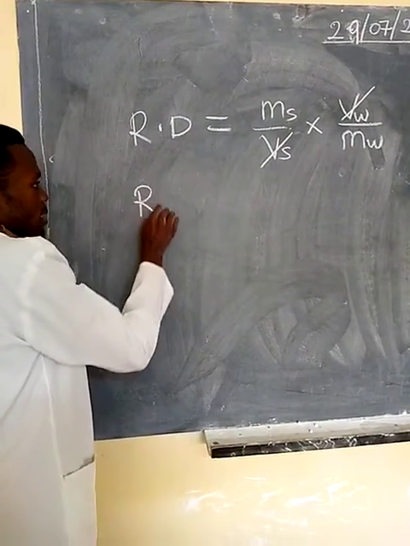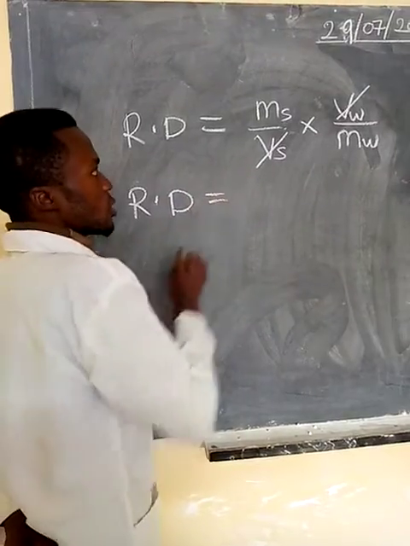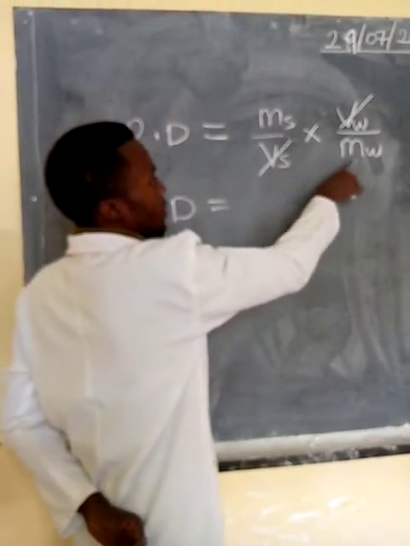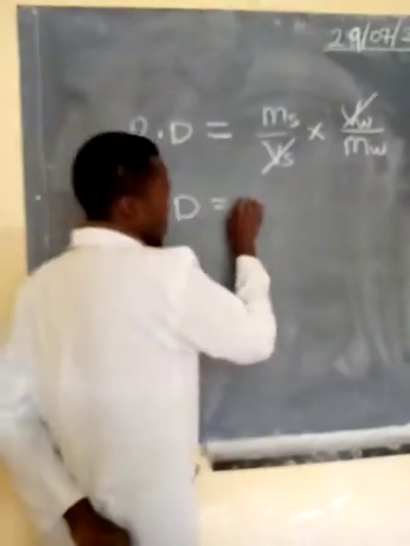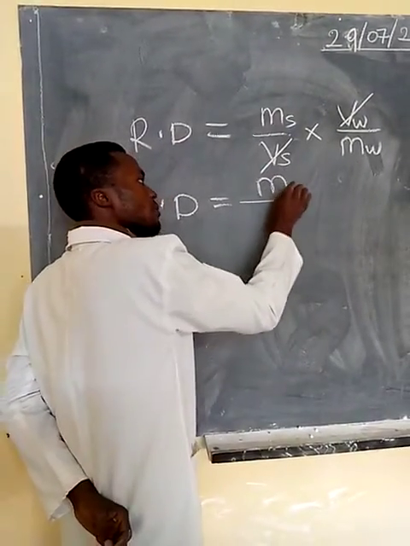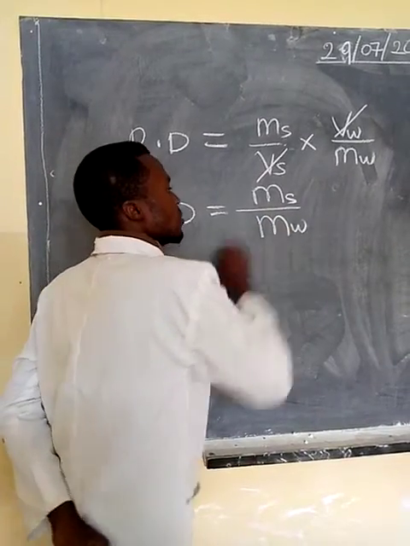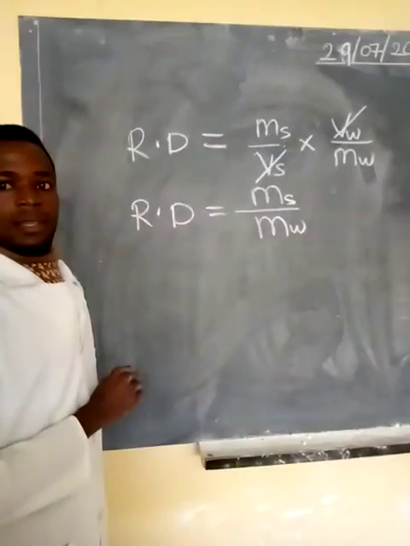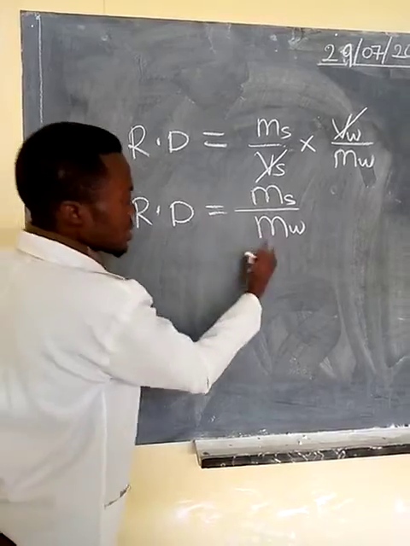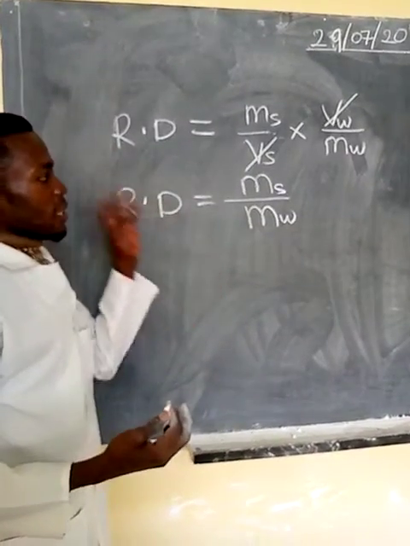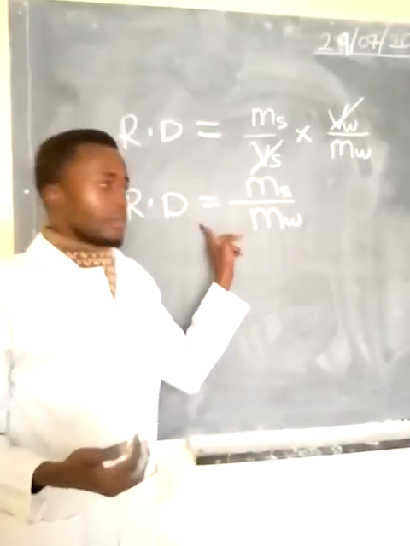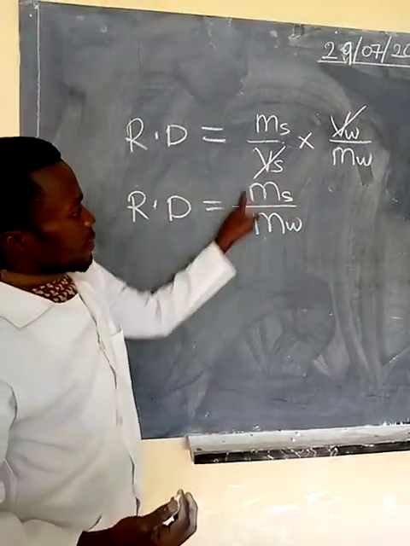So Rd is equal to the mass of a substance over the mass of water. So this is mass, this is mass. We're simply saying relative density can be expressed in mass.